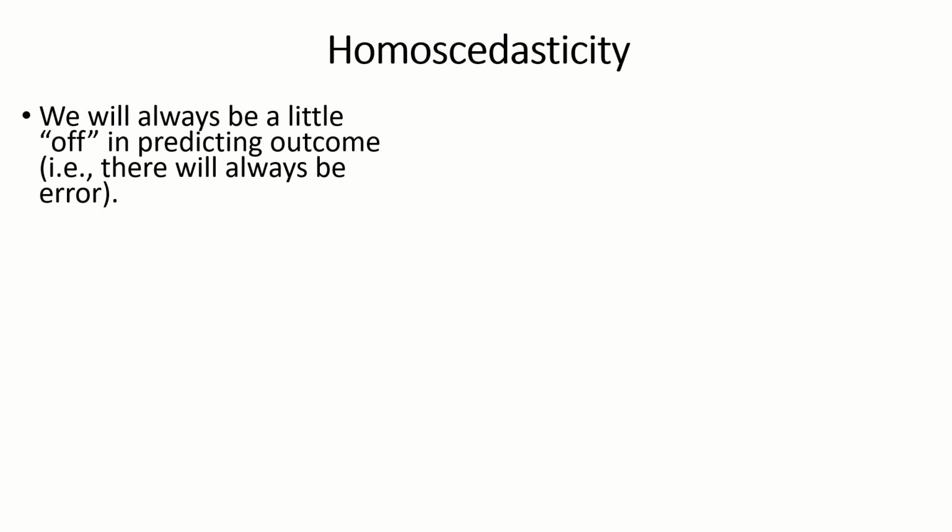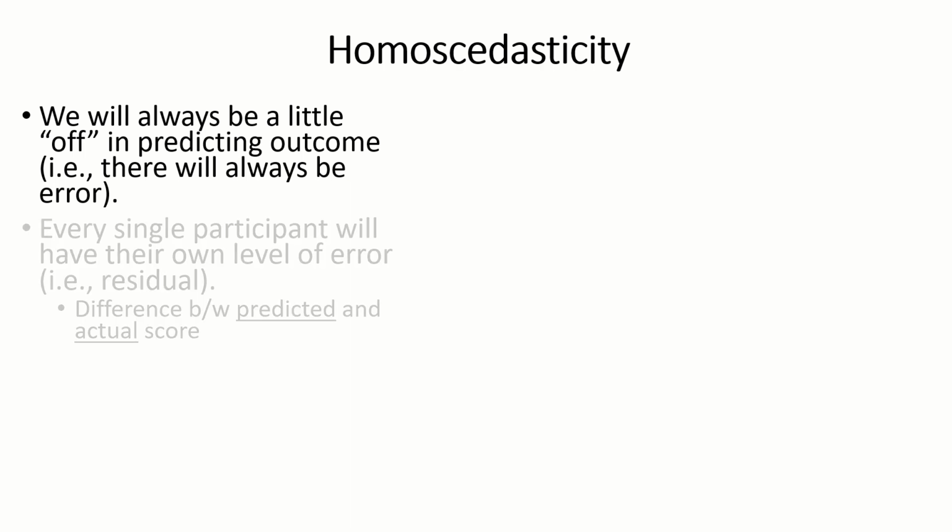We don't see correlation values equal to or near 1, where there would be a perfect relationship, meaning that if we know your score on the IV, we can perfectly predict your score on the DV. So we're always going to be a little off in predicting the outcome, sometimes way off, but at least a little off. There will always be some level of error when we use the IVs to predict the DV, and it's not going to be perfect. So there's going to be a little room for error here.